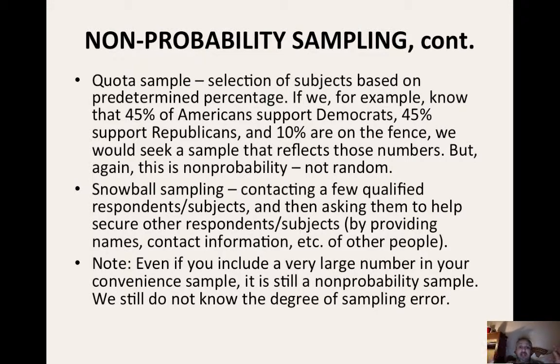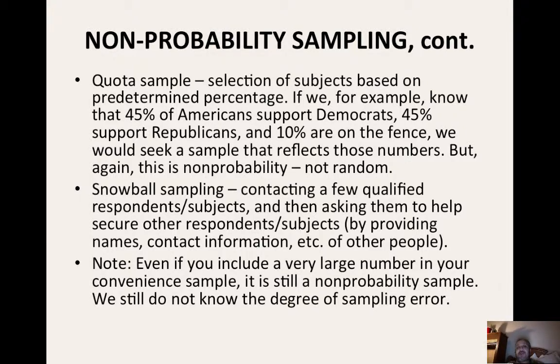We might seek a sample that reflects those numbers, right? We want our sample to look like that: 45% Democrat, 45% Republican, 10% independent or other. But even if we take a large sample, this is still non-probability. It's not truly random. Okay.